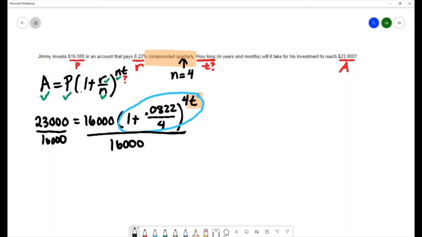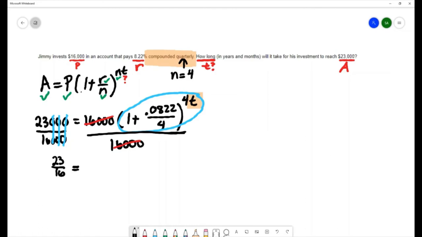And that will reduce down to 23 over 16. Those 3 zeros will cancel out, canceling out a factor of 10, another factor of 10, and another factor of 10. On the right-hand side, those 16,000s cancel out.